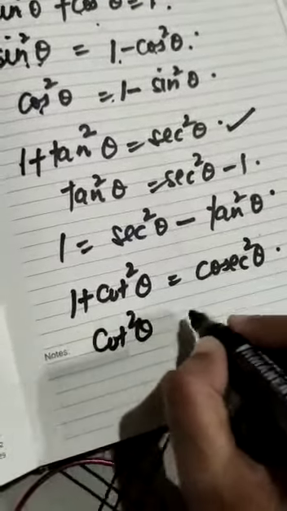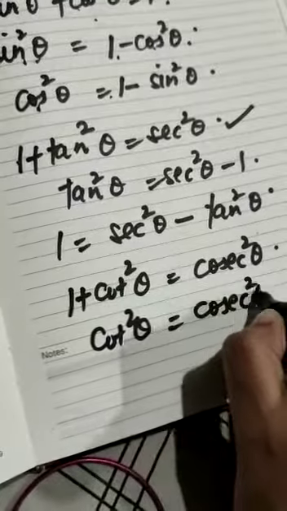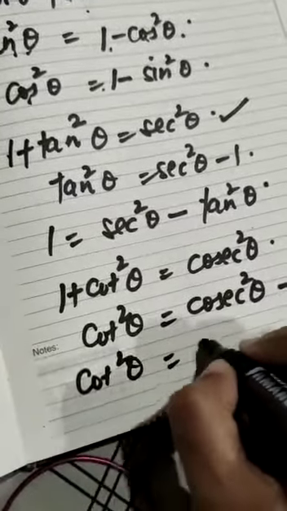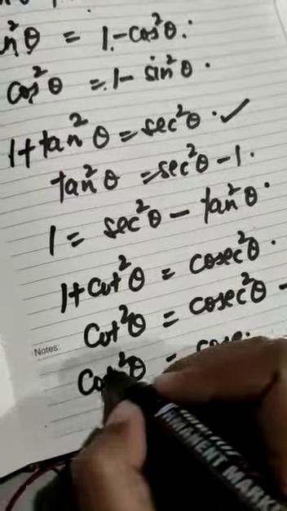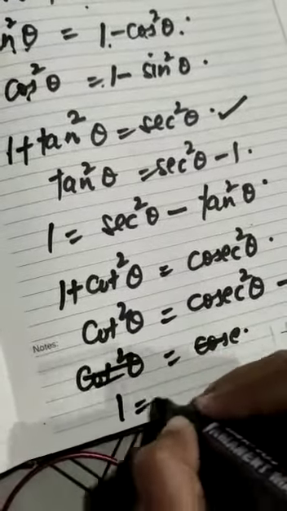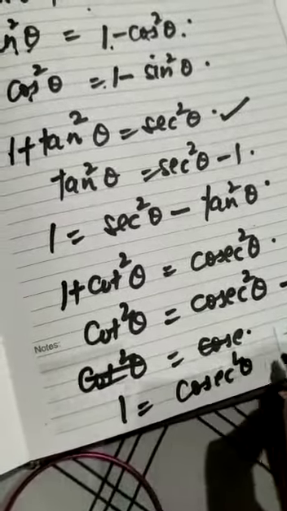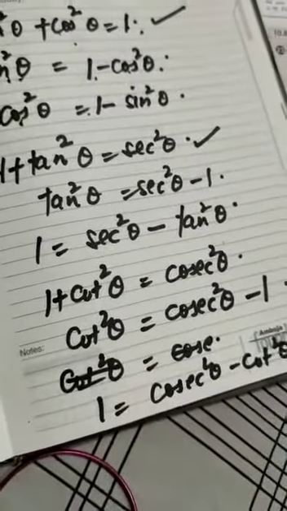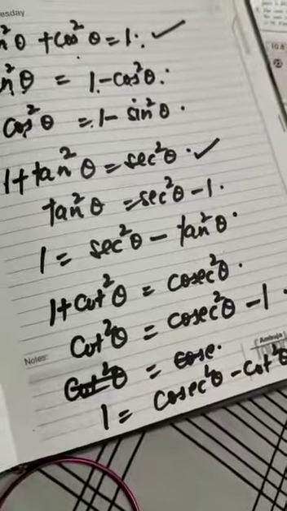Cot square theta equals cosecant square theta minus 1, and 1 is equal to cosecant square theta minus cot square theta.